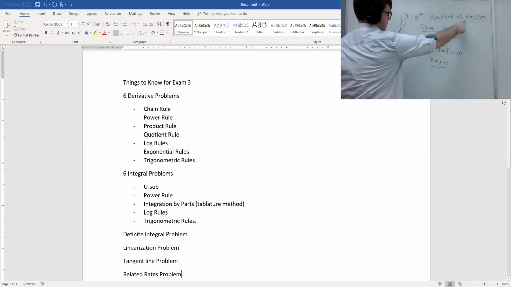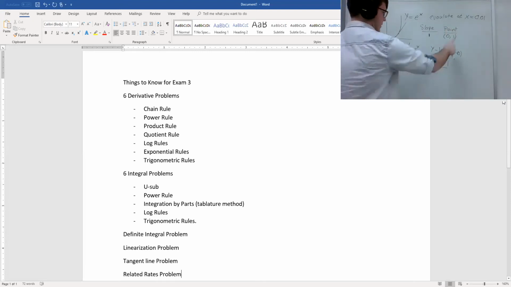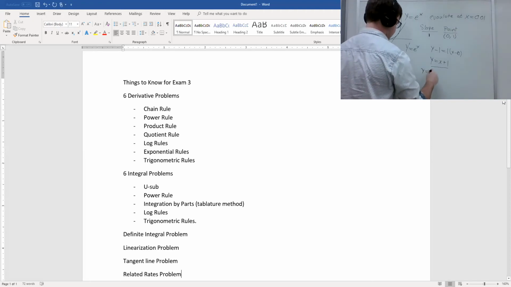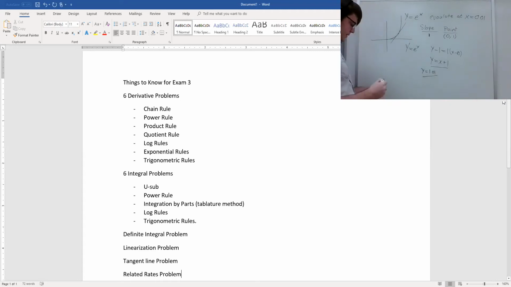And now this is where we get to use our x number, because we're just going to plug this value into x. So that would just be y equals 1.01, right? And it makes sense logically too, because we know that e to the 0 is 1. So e to something really close to 0 should be really close to 1.